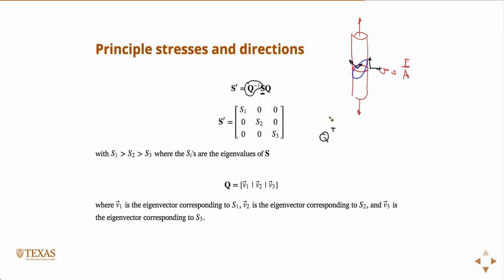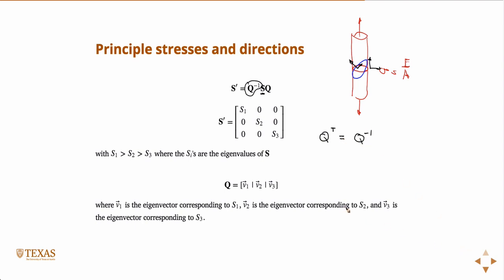So I guess Q inverse is the more general, but if Q is what we call an orthonormal matrix, or also a unitary matrix, all that means is that the eigenvectors are unit vectors, right? So you just divide out the magnitude, right? So if each of the eigenvectors are unit vectors, the magnitude's been divided out, then Q will be a unitary matrix, and for a unitary matrix, its inverse is its transpose.